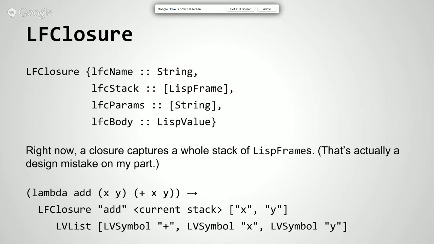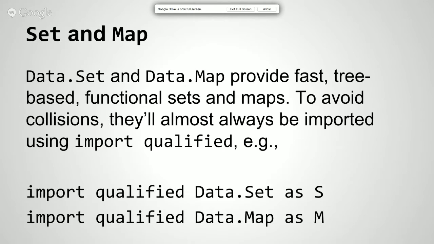It's a Lisp value, a list that has the symbol plus, the symbol x, and the symbol y. At runtime, it will resolve all of those and say, I want you to add the x and the y, where the x and the y were the parameters or arguments passed in, and the plus refers to the built-in plus. That's something we'll cover in the second half of this lab, the one that'll be in 2 weeks.